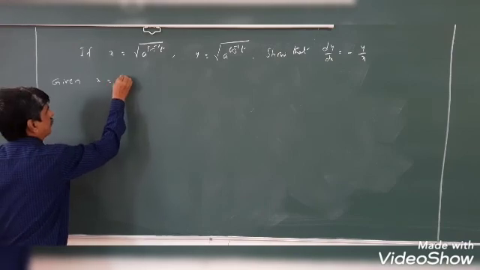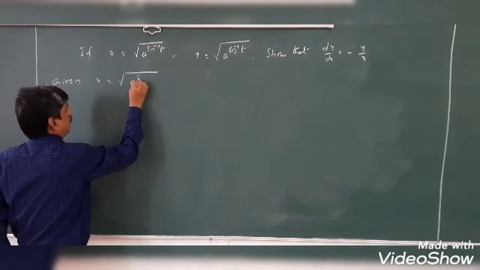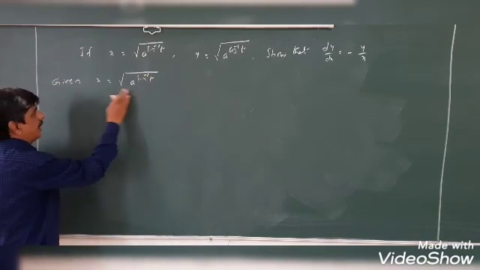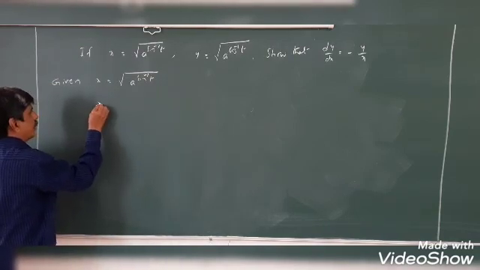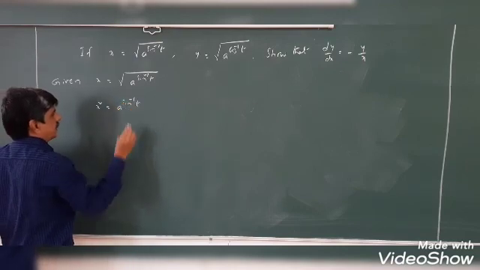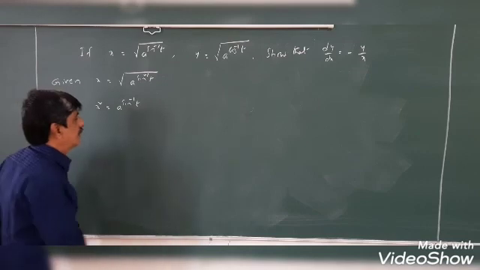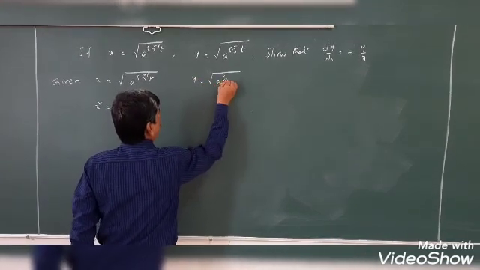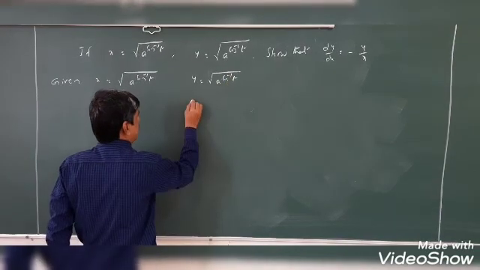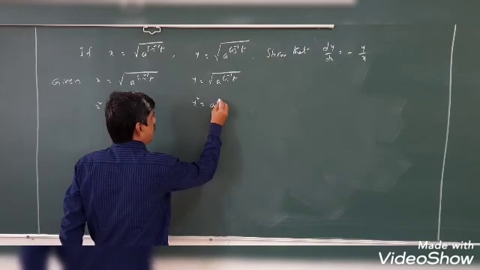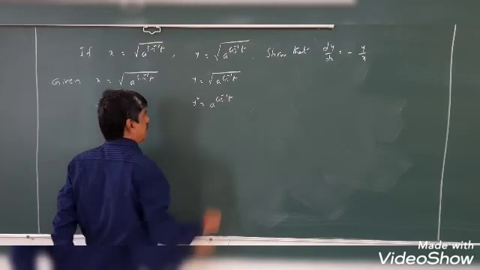x is equal to root over a power sin inverse t, squaring on both sides. So x square is equal to a power sin inverse t. y is equal to root over a power cos inverse t. Here also squaring on both sides. y square is equal to a power cos inverse t.